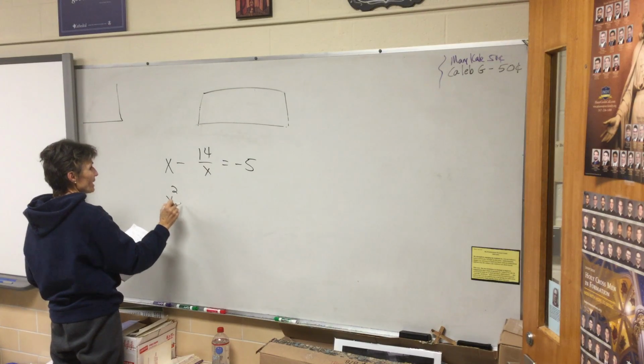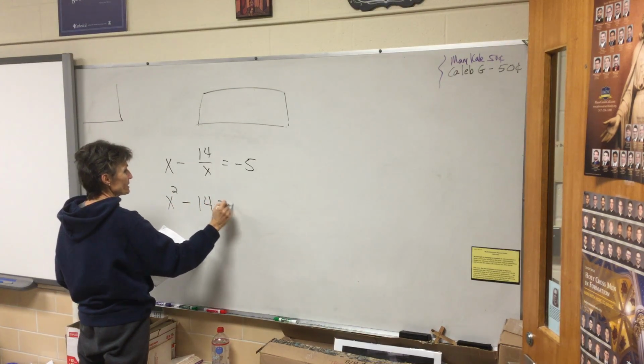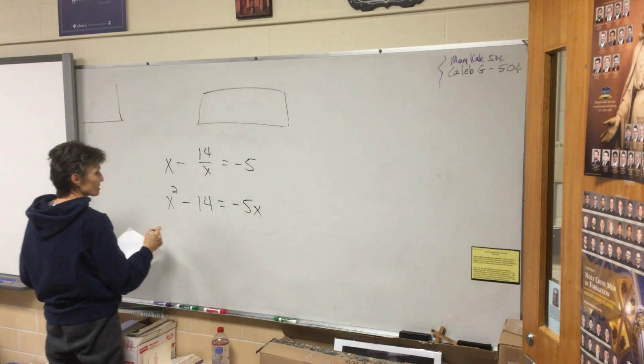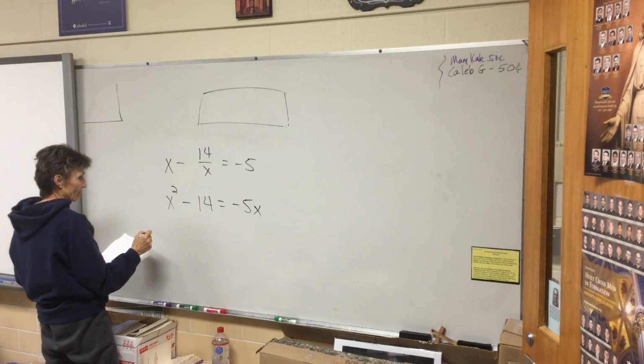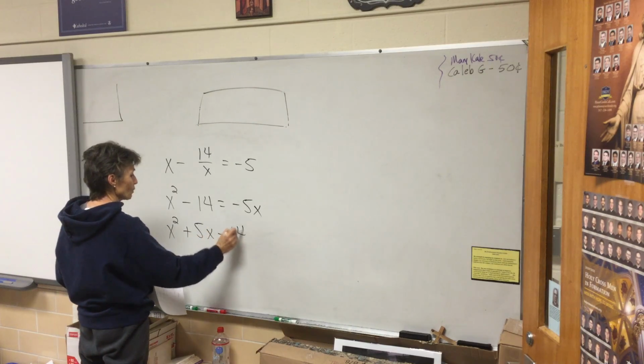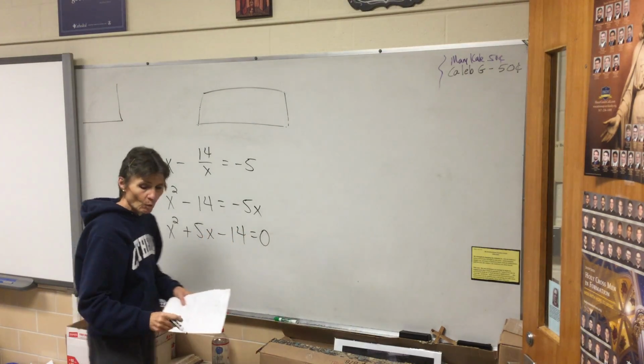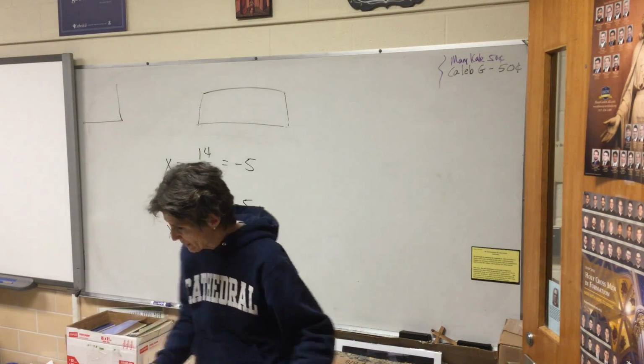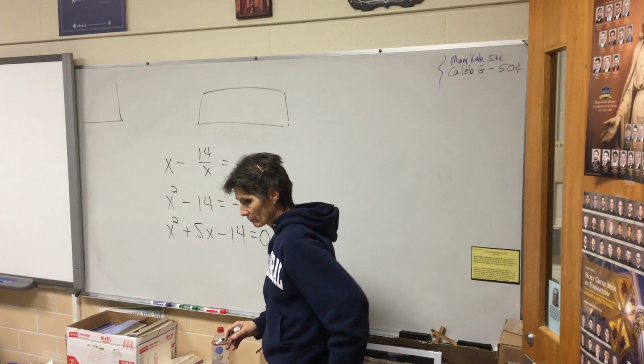So did you have x squared minus 14 equals negative 5x? Yes. So then x squared plus 5x minus 14, because you want to get your equation equal to 0. Okay?